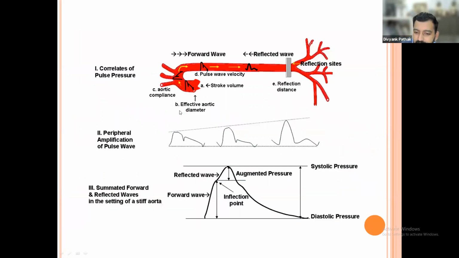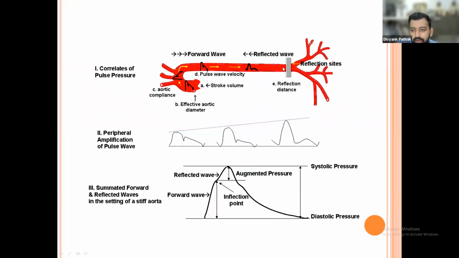So what is the mechanism? When the stroke volume is ejected, there is aortic compliance, which causes some reverberations. There is a forward flow because of aortic compliance, and some reverberations in the artery also come.